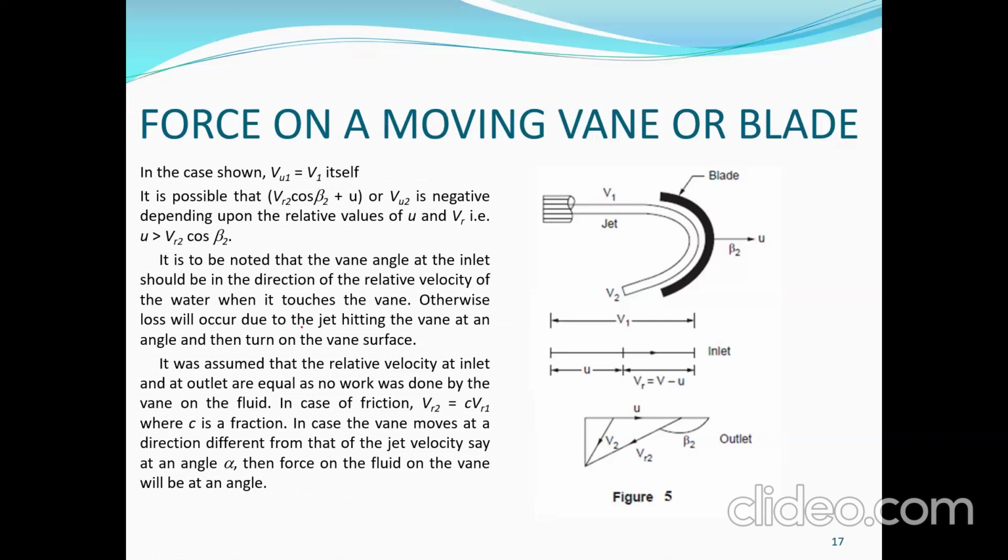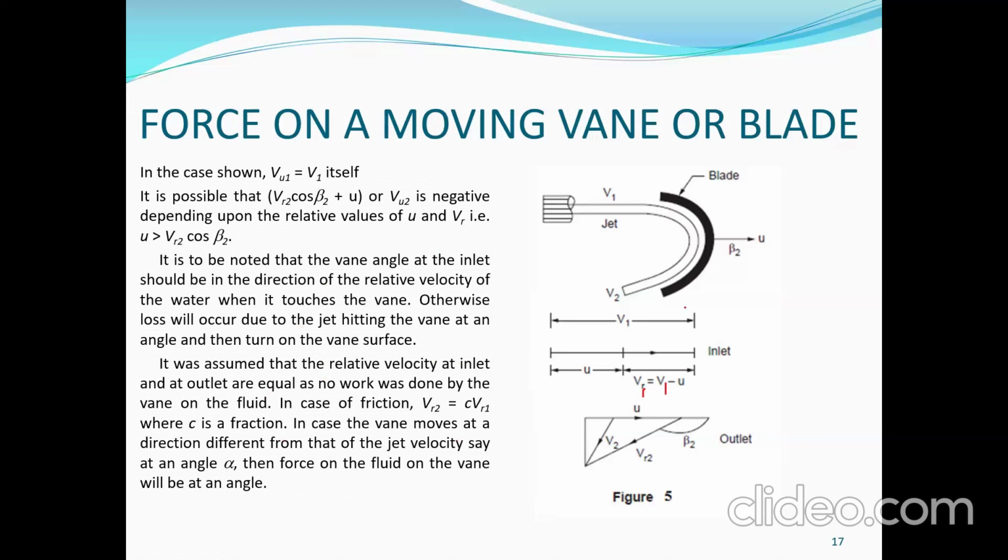So it was assumed that the relative velocity at the inlet and at outlet are equal as no work was done by the vane on the fluid. Yan, V sub R2 is equal to V sub R1. So ito, lagyan mo na lang ito ng 1. This is V sub 1. Okay.